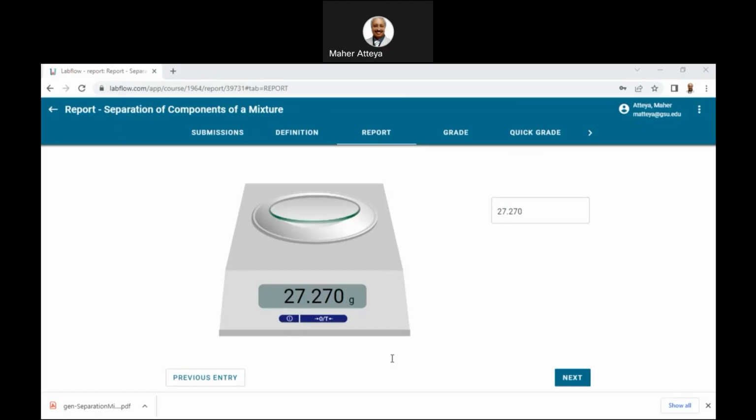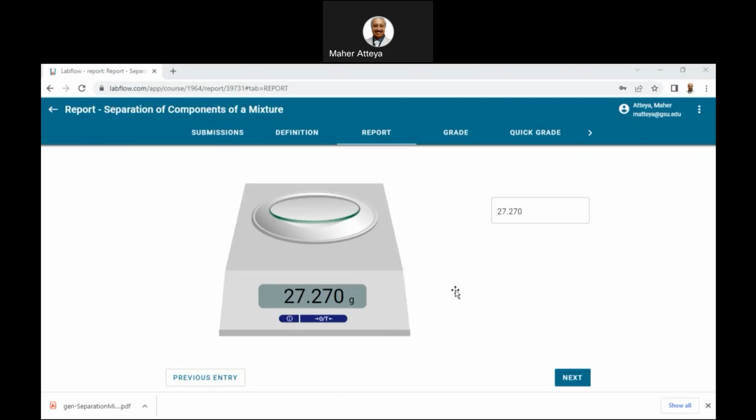Okay, so that's the watch glass here. Enter the mass of the watch glass and click next. Okay, so I'm clicking next.